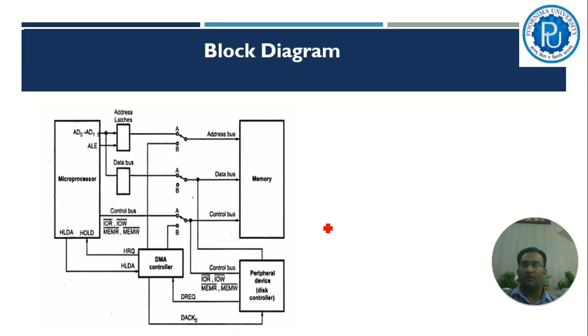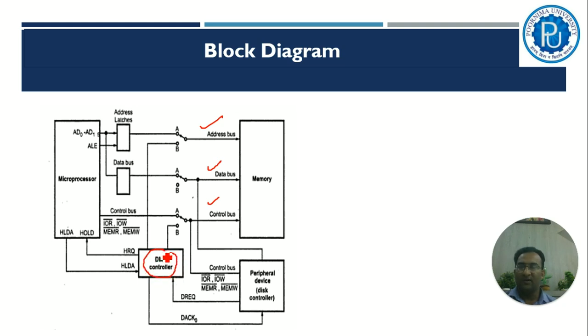Now, let us look at this block diagram. This is how this whole thing takes place. We have an address bus, a data bus, and a control bus, which are directly connected to the microprocessor. Now this is the DMA block.